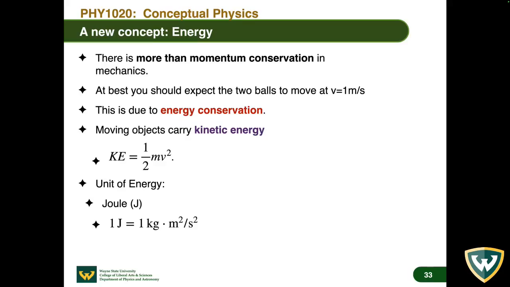And as it happens, energy is conserved. Energy is something very subtle and complex at the same time, and yet it has a simple manifestation. So through example, we will discuss what it is and how it can be understood.